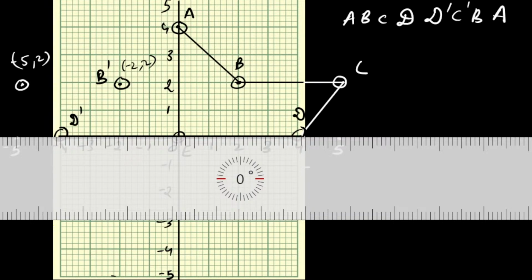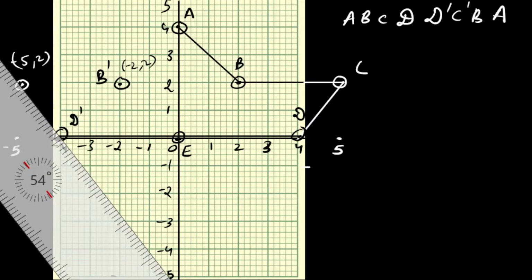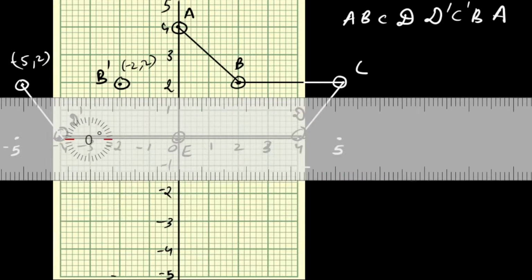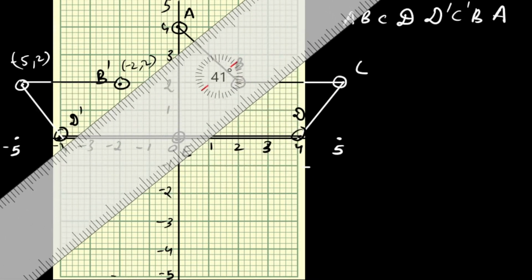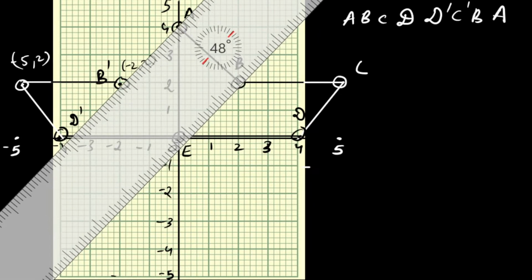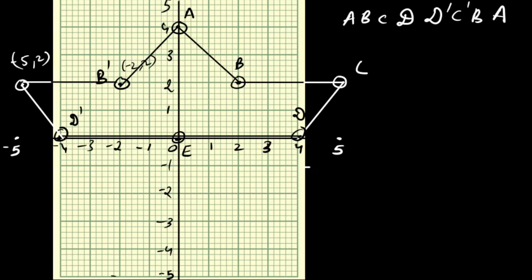Then C dash. So here we have C dash. Then this C dash with B dash, and this with A. Yes, so we have joined all the points, and this is the figure we have.